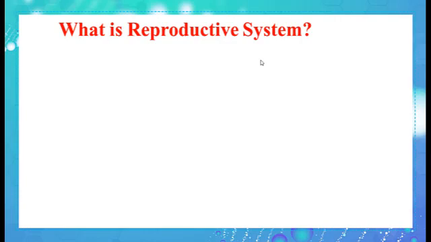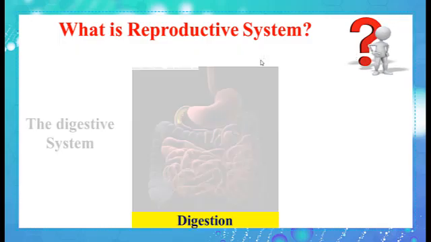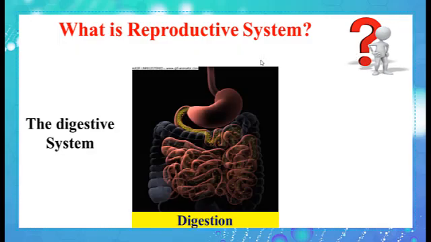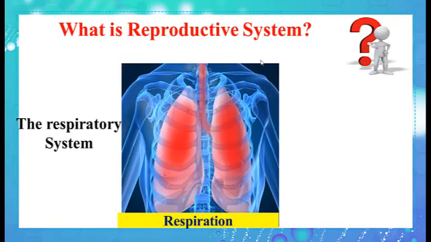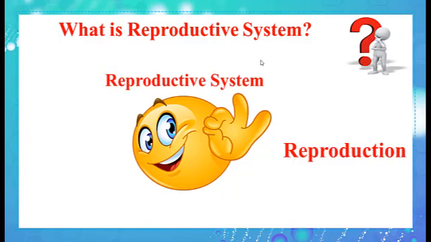What is reproductive system? Every system in our body has its own function, like the digestive system is for digestion, the respiratory system is for respiration, and the reproductive system is for reproduction.